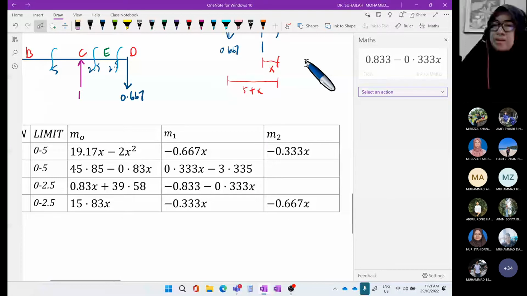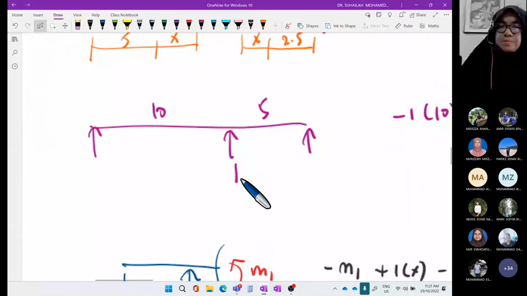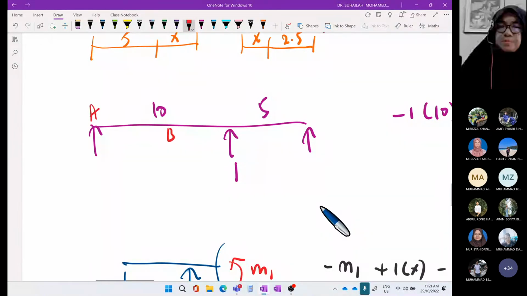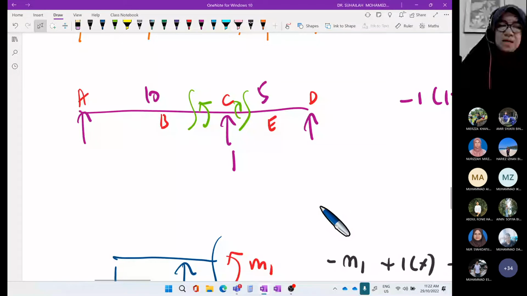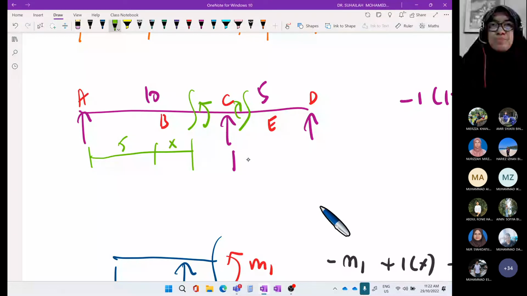The moment equation mana tadi? Okay, ni. So yang ni A, B, C, D, E. So we have BC here, CE here, moment like this, moment like this. Okay. So yang ni distance is 5 plus X. Yang ni the distance is X plus 2.5. Sama macam tadi. The same process.